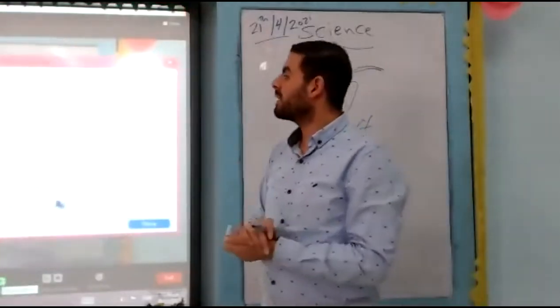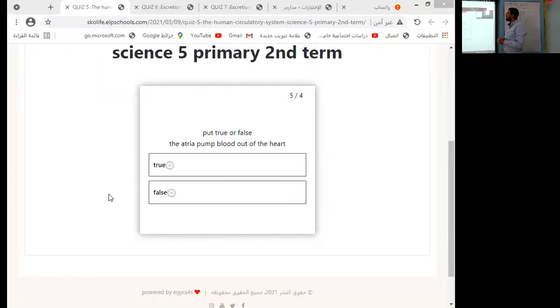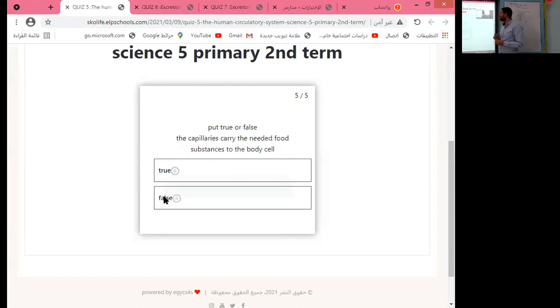So let's return back to our question. Okay, the atria pump the blood out of the heart. The answer will be false. Ventricles are the 2 rooms which are responsible for pumping the blood. Okay, the answer will be false.